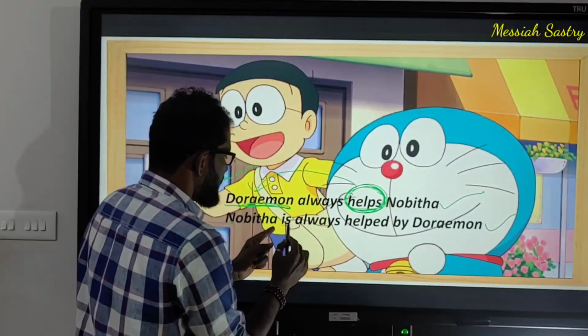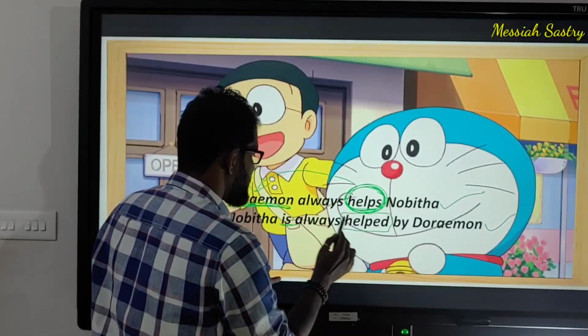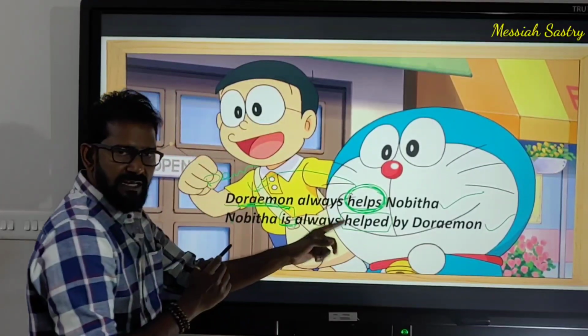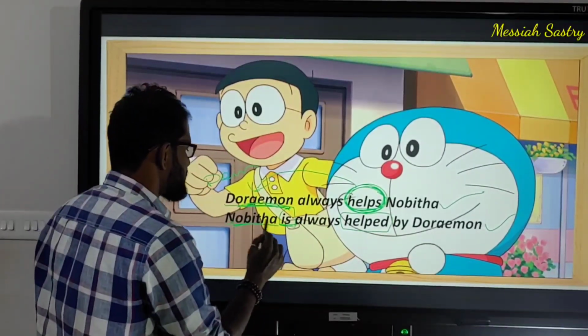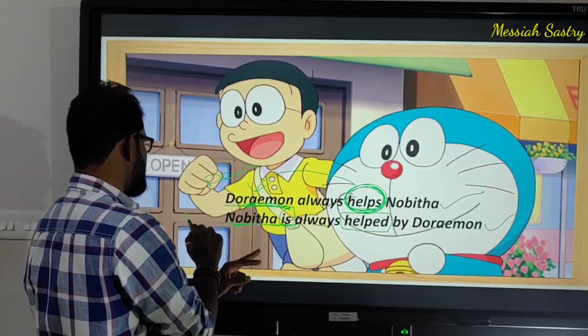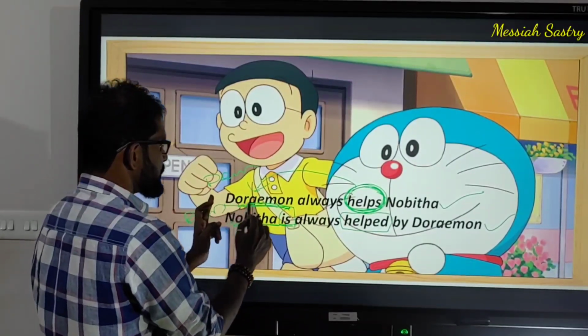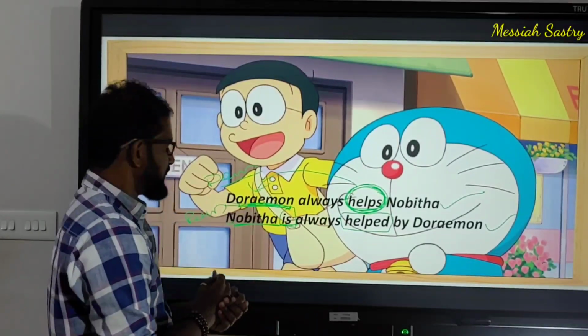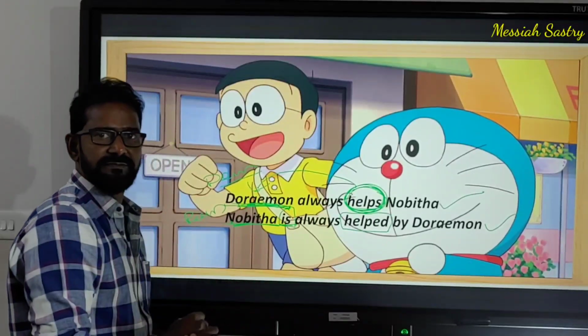Whereas in the second, is helped, the form of the verb tells us the subject is the receiver. So Doraemon is the doer and Nobita is a receiver.